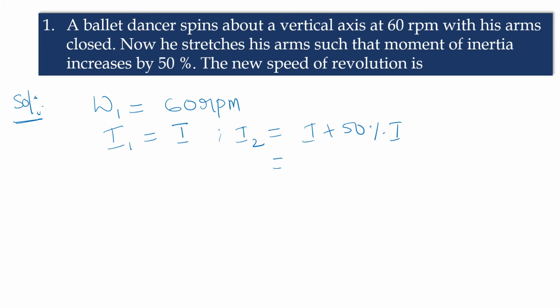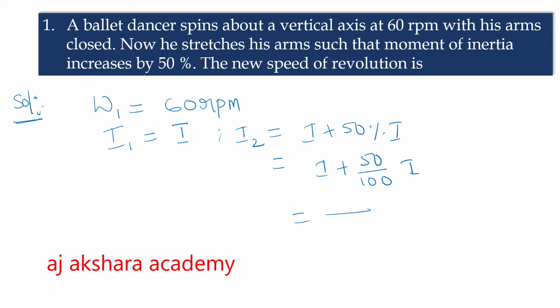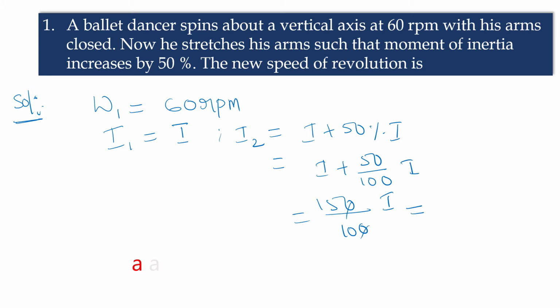So that is equals to I plus 50 by 100 into I, that is equals to 150 by 100 I. Zero gets cancelled, 5 3s 5 2s. So I2 is equals to 3 by 2 I. Now we have to calculate the new speed of revolution, that is omega 2 is equals to question mark.